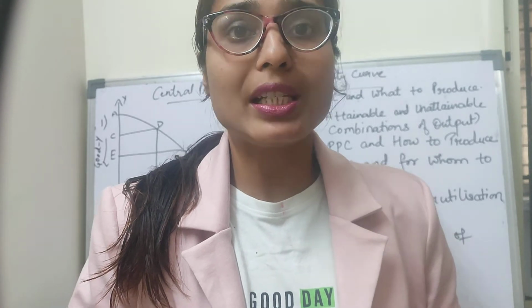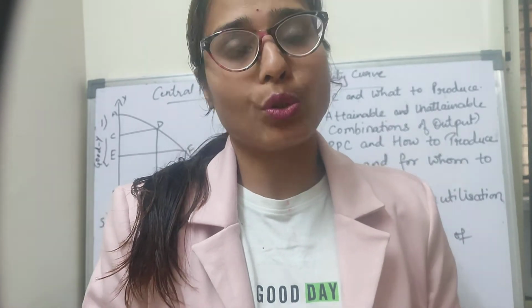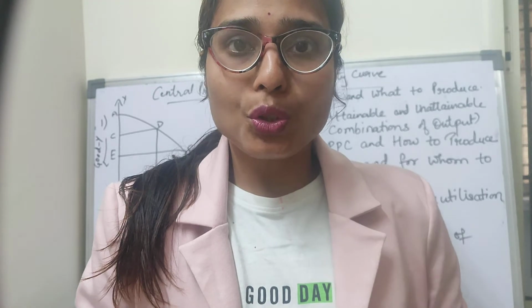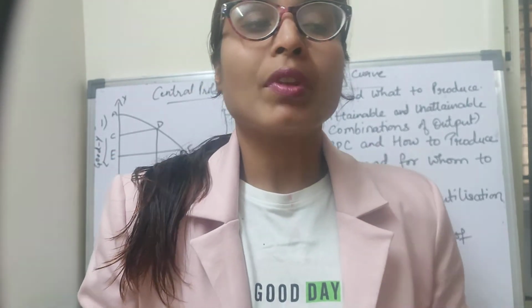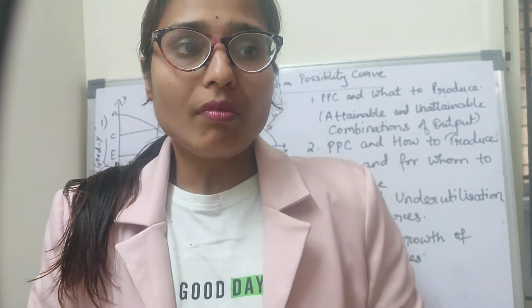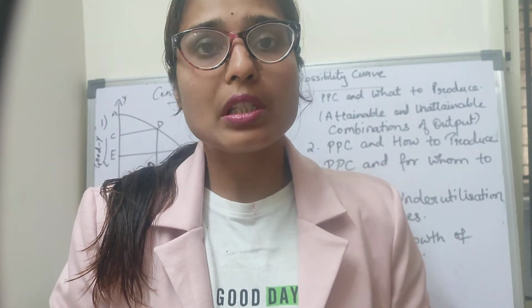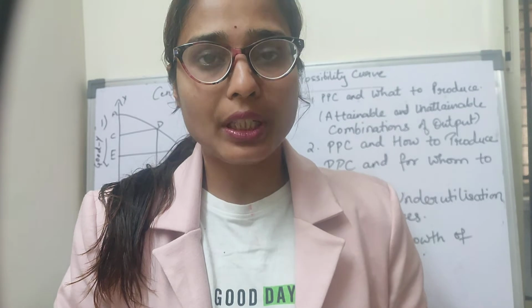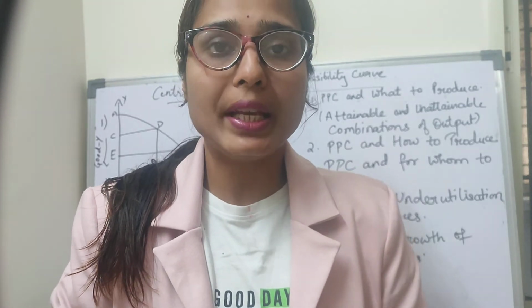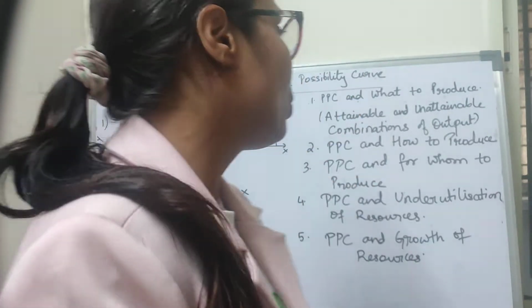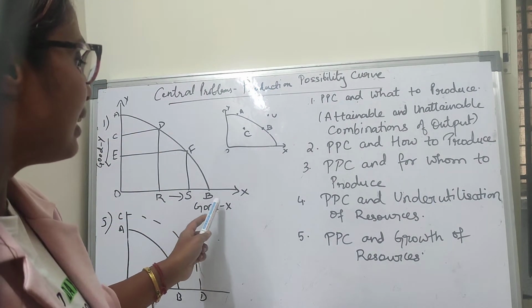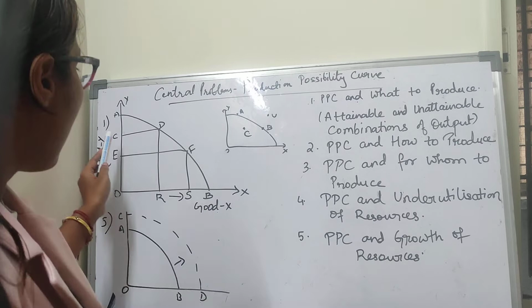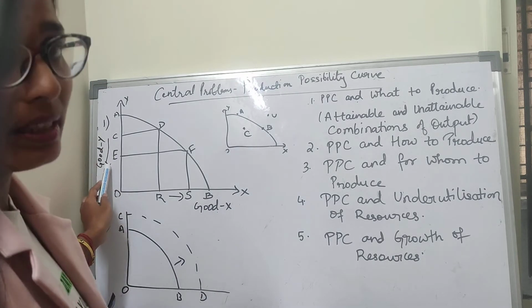What to produce is essentially a problem of choice. It means which goods to be produced more and which goods to be produced less. So here it is assumed that the resources are fully and efficiently utilized and technology remains constant. I have drawn one diagram where I have taken good X on the horizontal axis and good Y on the vertical axis.